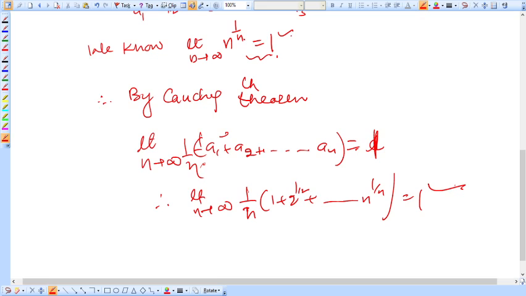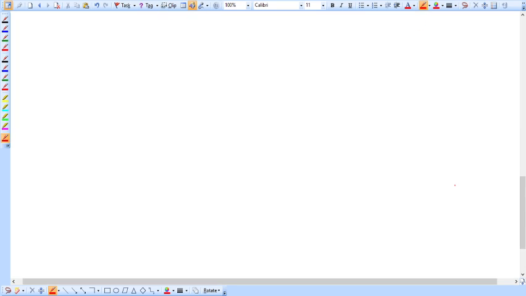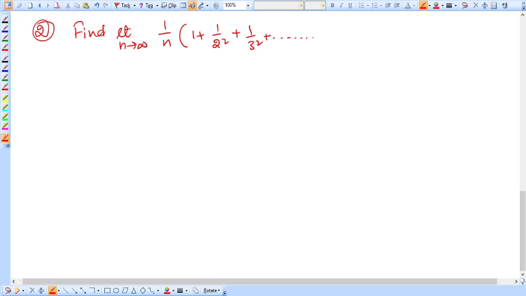So therefore we can easily find the limit when we have such situations. Let us try one more problem. Problem number 2. Find limit n tending to infinity of 1 by n times (1 plus 1 by 2 square plus 1 by 3 square up to so on plus 1 by n square).